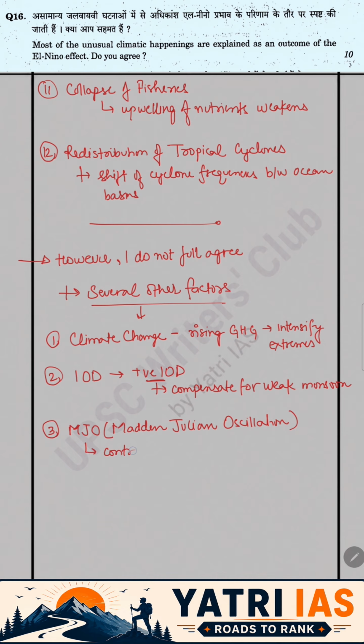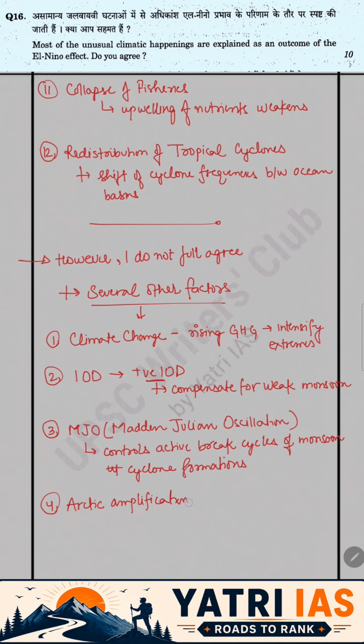That controls active break cycles of monsoon and cyclone formations. This is also a reason for unusual climatic happenings rather than just being El Nino. Then also you could mention there is Arctic amplification as well. That alters jet streams, which leads to persistent heat waves.